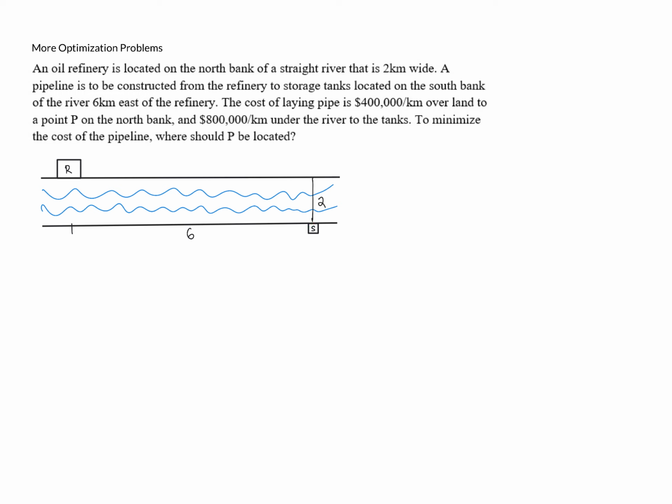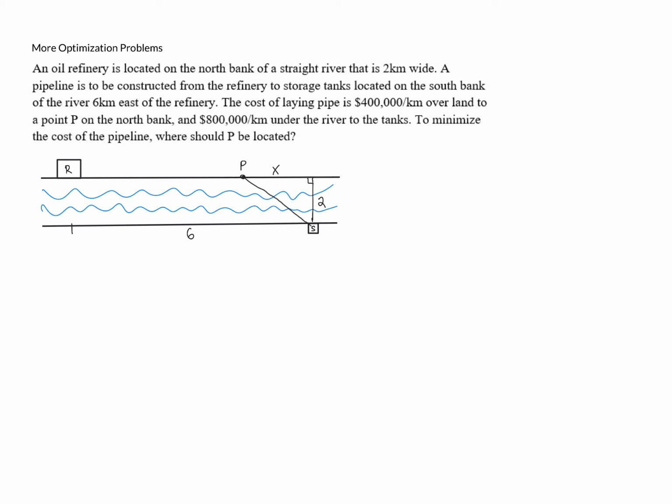It might be that there is some point P somewhere in the middle that is x kilometers away from the point on the opposite bank of these storage tanks. And it might be that we then build the pipeline overland to P and then diagonally across to S, the storage tanks.